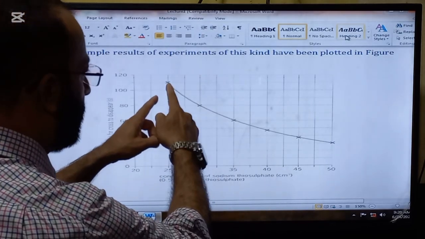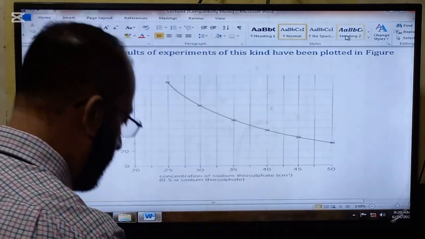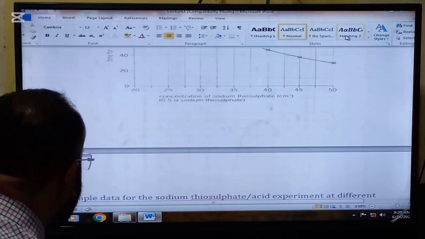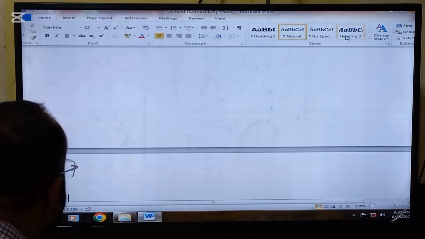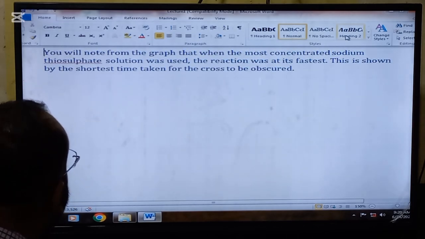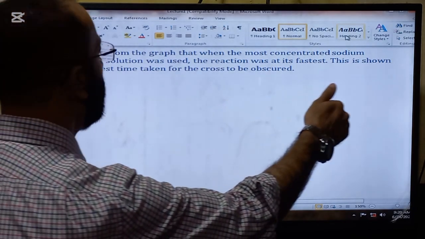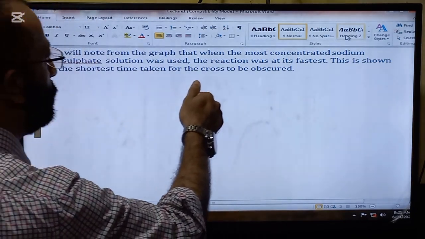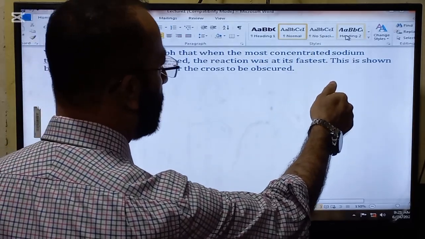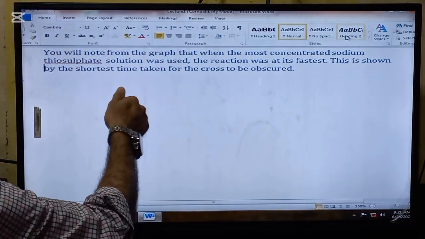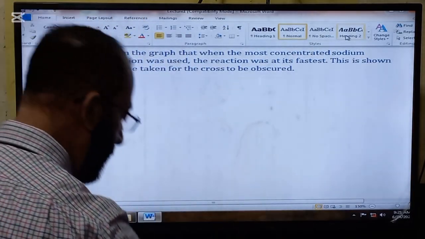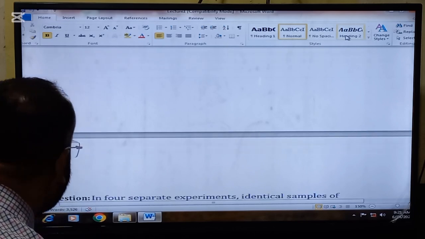So this is the shape of the graph. You will note from the graph that when the most concentrated sodium thiosulfate solution was used, the reaction was at its fastest. This is shown by the shortest time taken for the cross to be obscured.